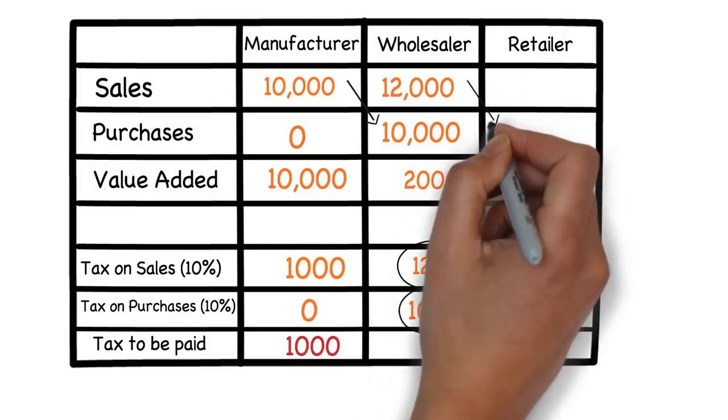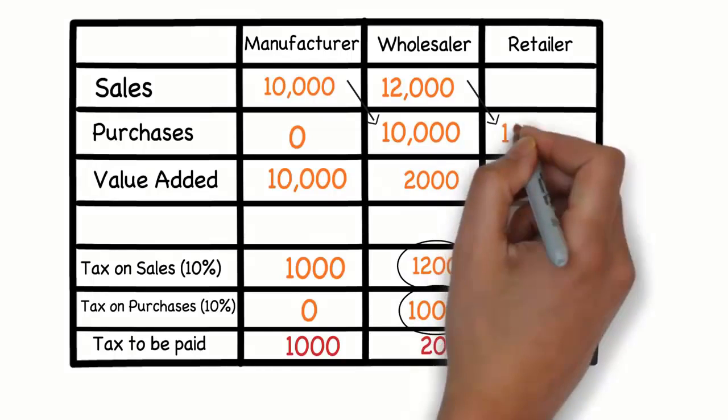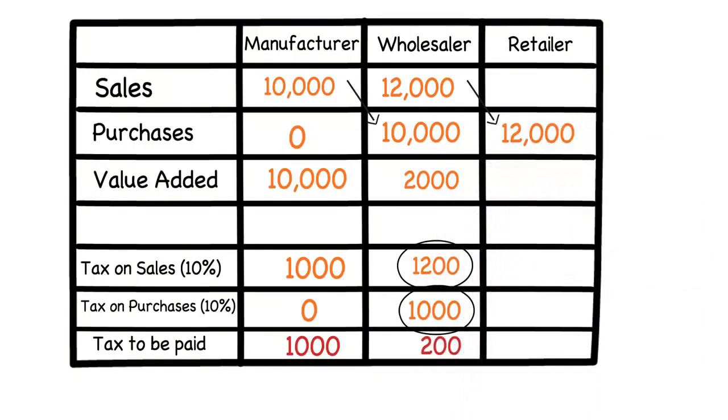The retailer, on his part, purchases from the wholesaler for rupees 12,000 and sells it to the end customer for rupees 15,000. Similar to the earlier situation, the markup of the retailer is rupees 3,000. The complete tax on the sale is 10% of the selling price, which is 1,500. The tax on the purchase from the wholesaler is 10% of the purchasing price, which is rupees 1,200.